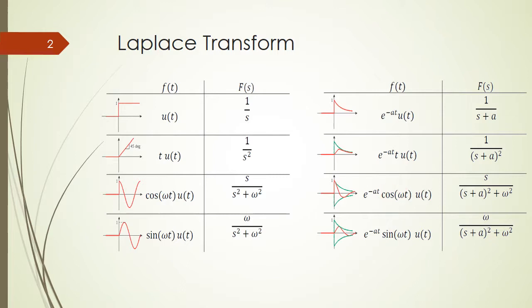For the cosine and sine functions, we also have the same characteristic, but the amplitude will be decaying over time, so the oscillation will never fall out of the green boundaries like this. The key point is that in the S domain, they're all very simple, and we will use these functions to analyze our circuitry later.